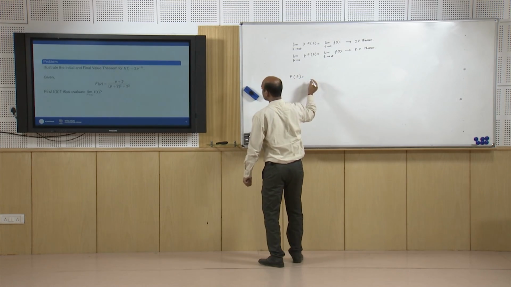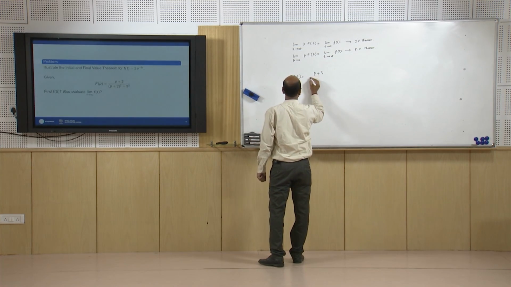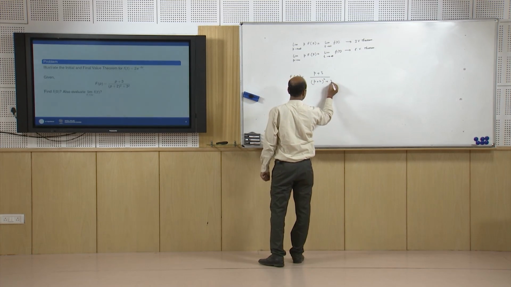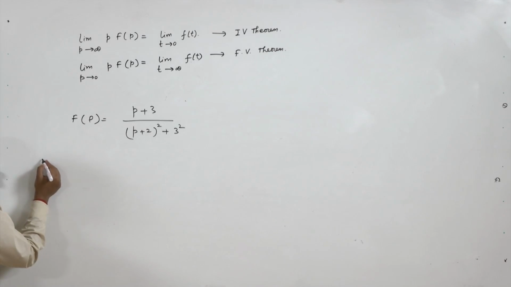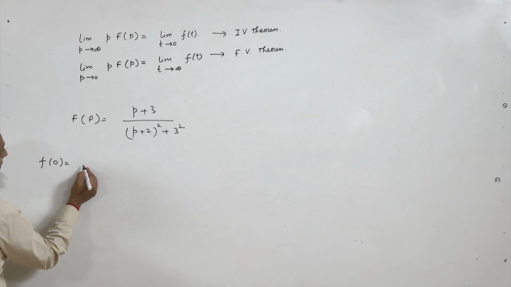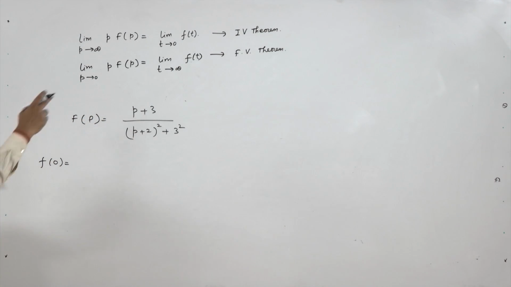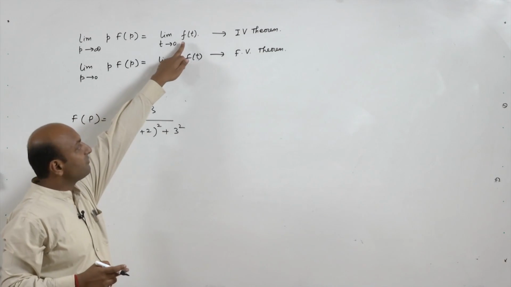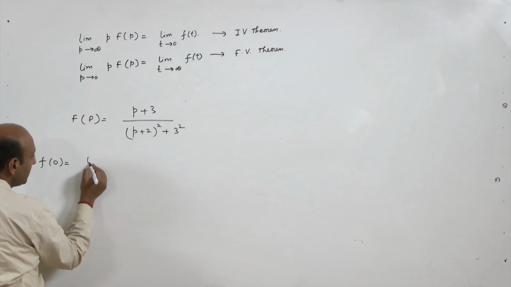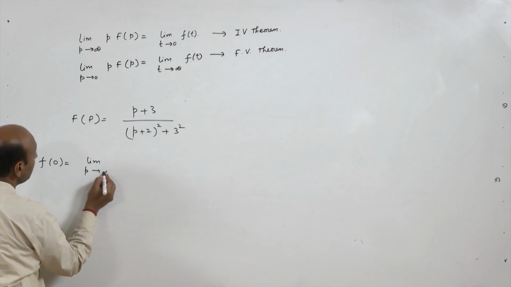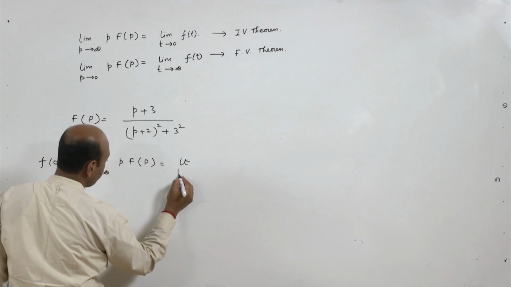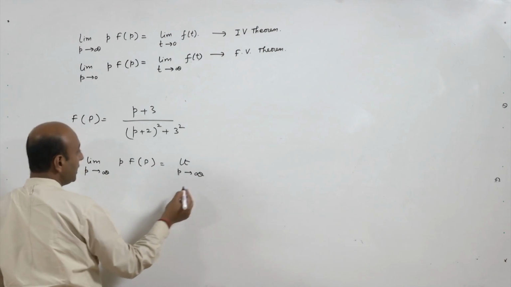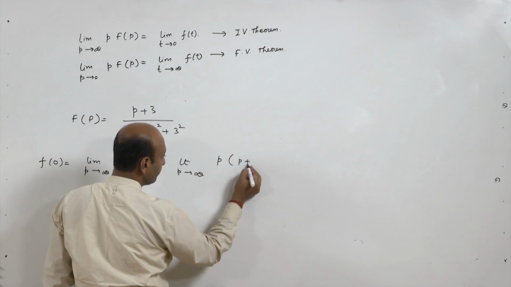It is p plus 3 upon (p plus 2) whole square plus 3 square. This is F(p). Now what is f(0)? By the initial value theorem, if f is continuous at t equal to 0, f(0) is nothing but limit p tending to infinity p F(p). So it is nothing but limit p tending to infinity p into F(p).